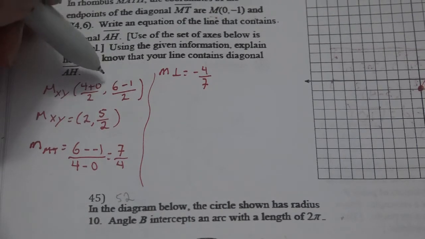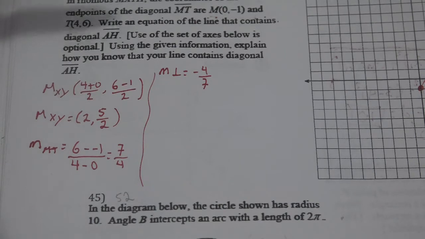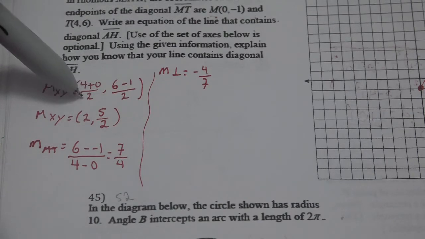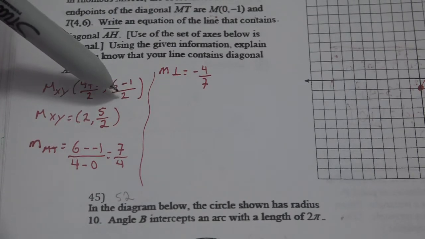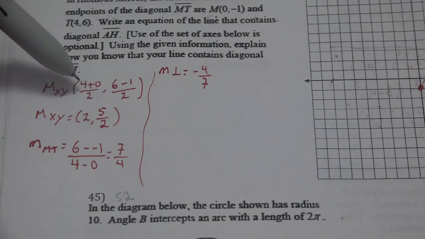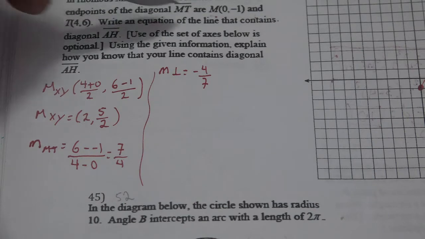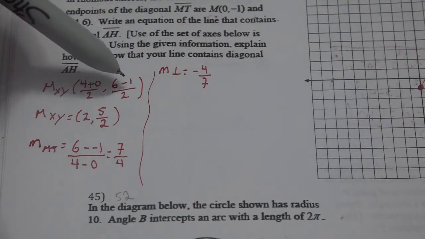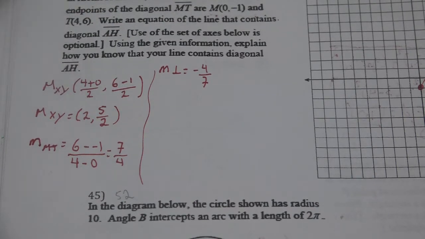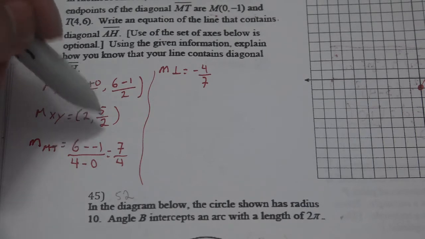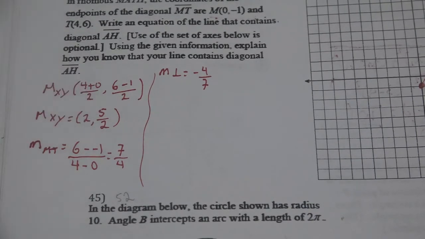This is how I found the midpoint: you add the x's and divide by 2, you add the y's and divide by 2. So for example, it was 4 plus 0 divided by 2, and then 6 plus -1, in other words 6 minus 1, divided by 2. So my midpoint is (2, 5/2). In other words, (2, 2.5), right?